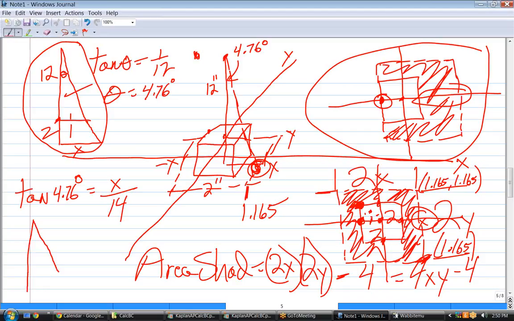Here's my cube. Here's my shadow. Well, this angle here, which we'll call delta, it's not the same as theta.